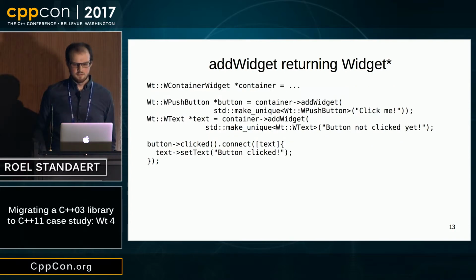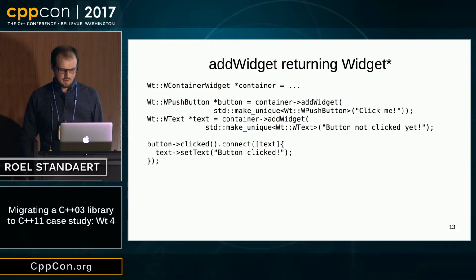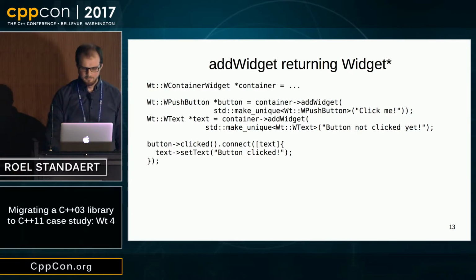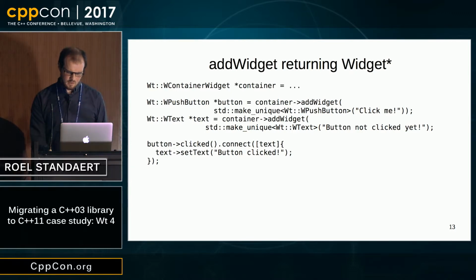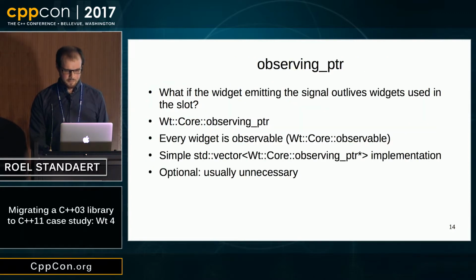Instead of having these moves or having to save it with a .get or something, you just call addWidget, construct the widget in place as the argument, and get a raw pointer out of that. Then you can later use that raw pointer to still connect some signals to slots, for example.